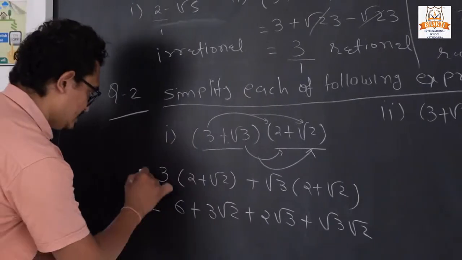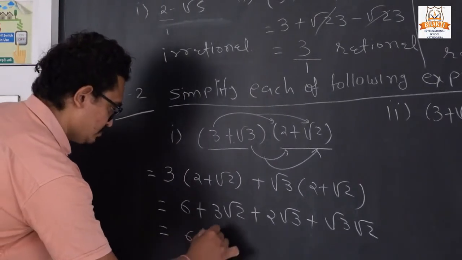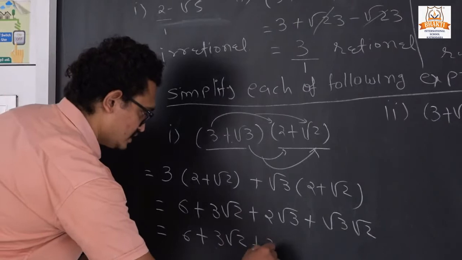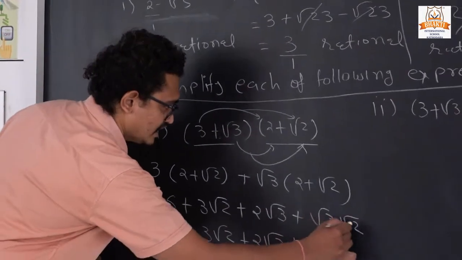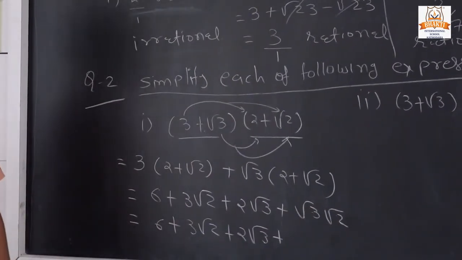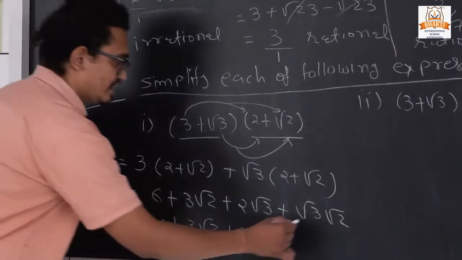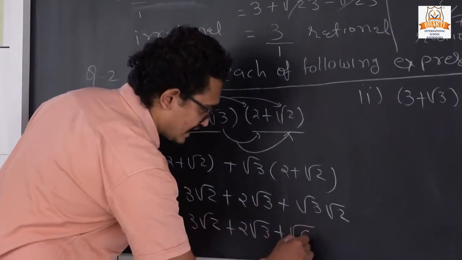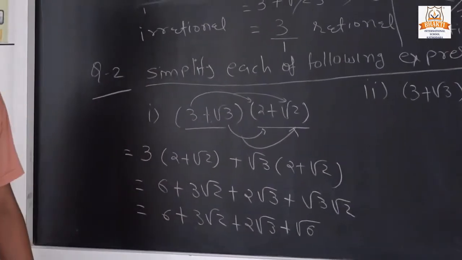So finally we can simplify it as 6 plus 3 root 2 plus 2 root 3. Here both are under square roots, so we can multiply these both. 3 2s are 6.